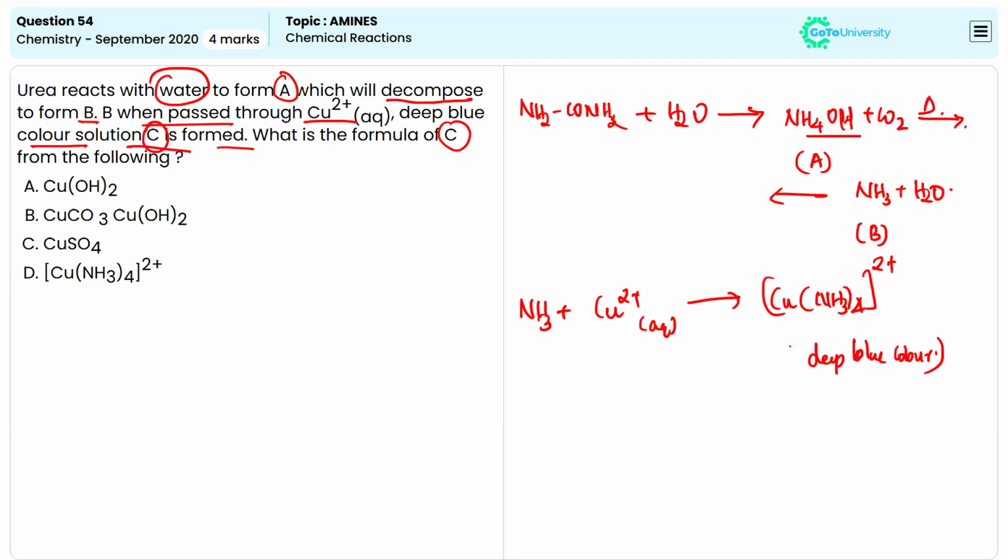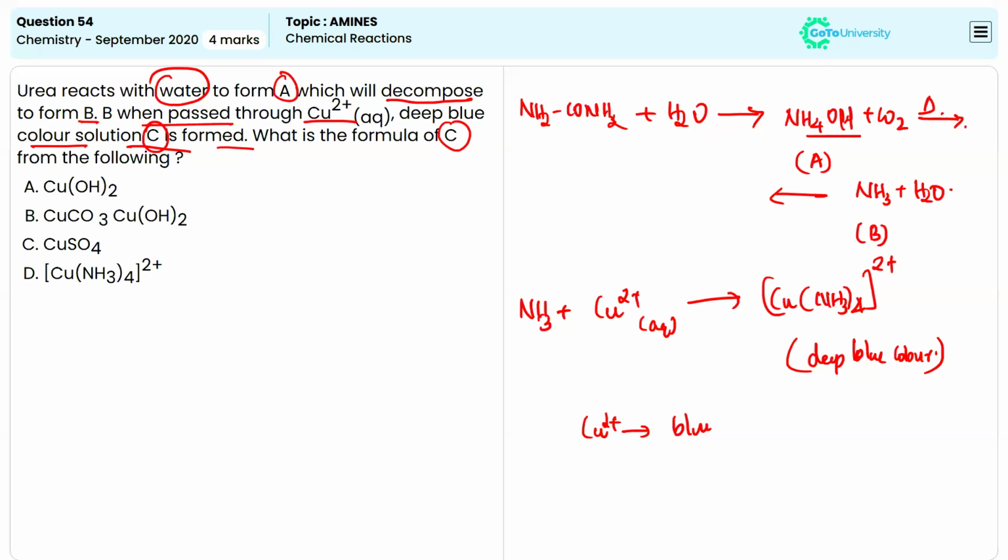Deep blue color because Cu2+ ions are responsible for the blue color of the species, right? So here the compound C produced is a complex of copper and ammonia.